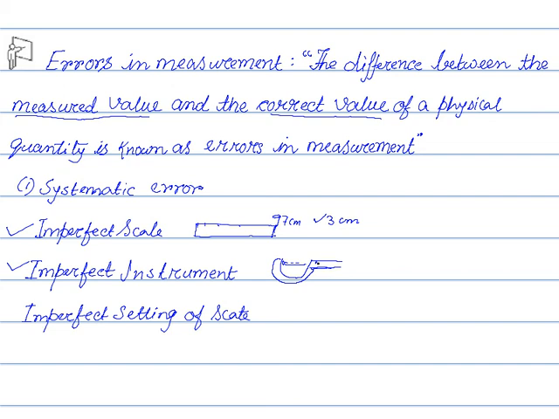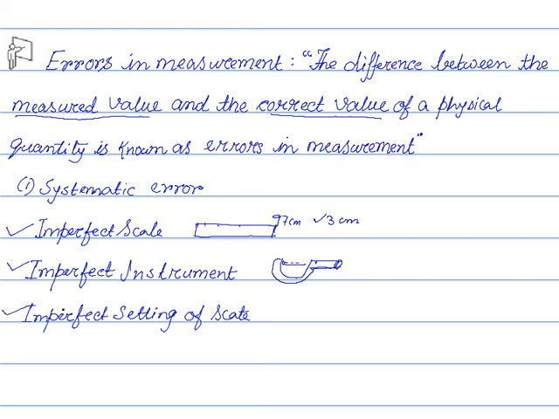So in case it is not 0 at the beginning, you know in advance what the value on the scale is, so that correction can be made. In a screw gauge, because of this imperfect instrument, the zero error is calculated in advance, and later on this is applied to make the reading correct.